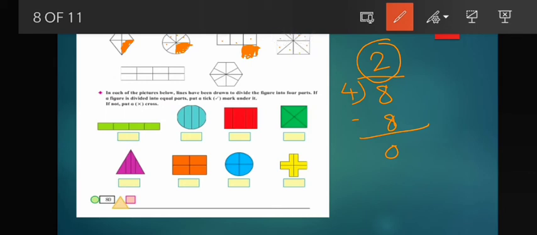Okay. Similarly, 8 means 2 parts you are going to color. Then again 1, 2, 3, 4, 5, 6, 7, 8. Again you will color 2 parts.